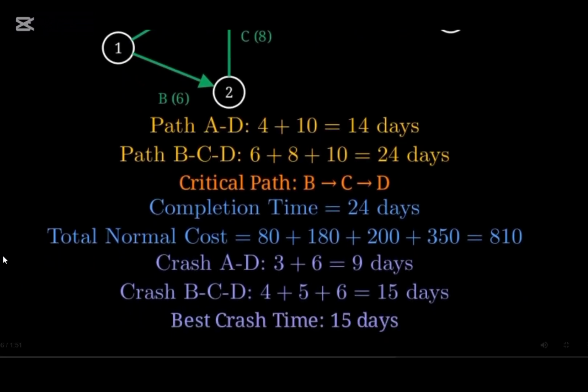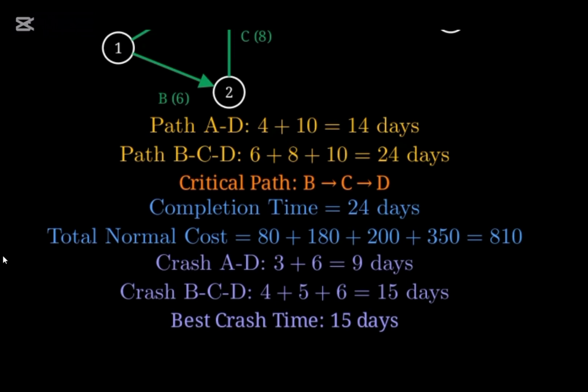To calculate the most efficient crash cost for this 15-day schedule, we must fully accelerate activities B, C, and D because they are on the bottleneck path. However, since the first path is already well under the 15-day limit, we can keep activity A at its normal speed to avoid unnecessary spending.